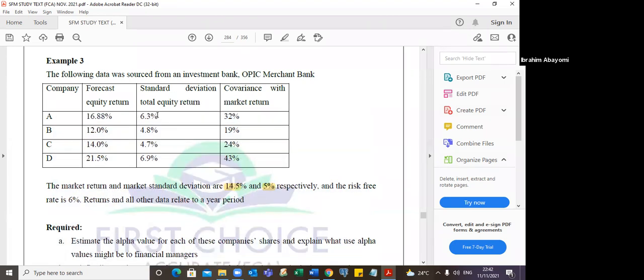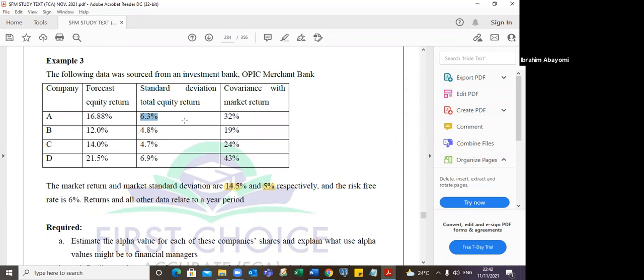Standard deviation of company A share is 6.3. And what is the standard deviation of the market? 5. So you say 6.3 divided by 5. I'm having 1.26.